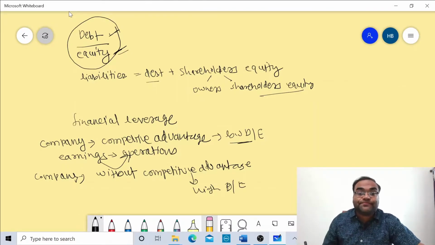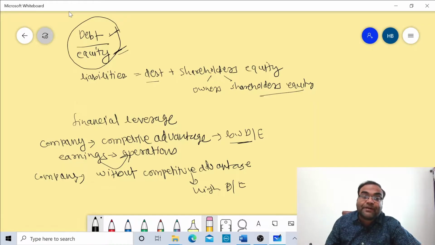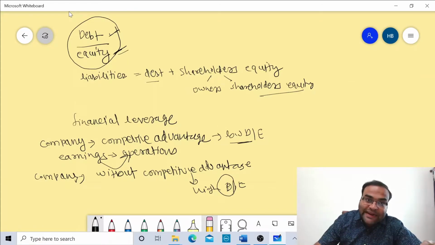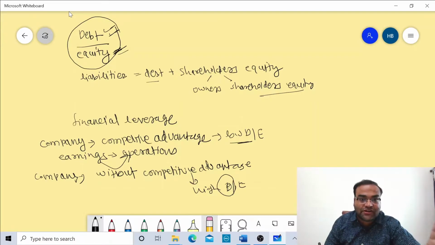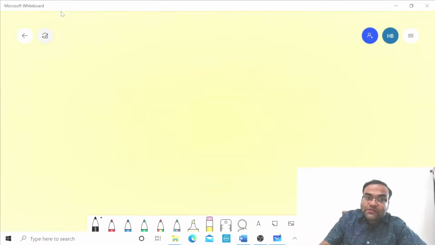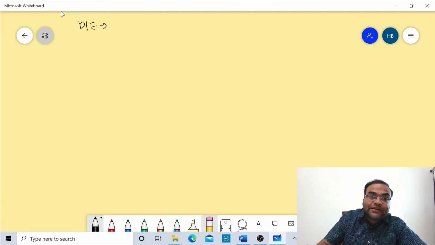This means the company will be taking a high amount of debt to run its operations, and within the liabilities the amount of debt will be more and the amount of equity will be less for such a company. So the D by E ratio tells us the ability of the company to run its operations.